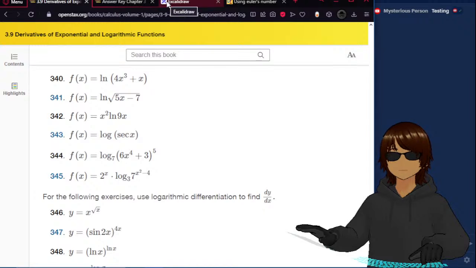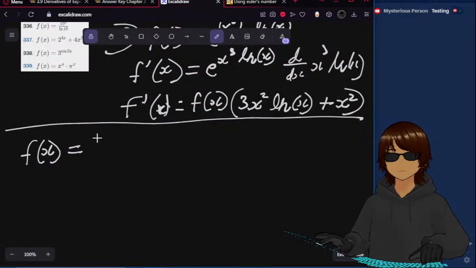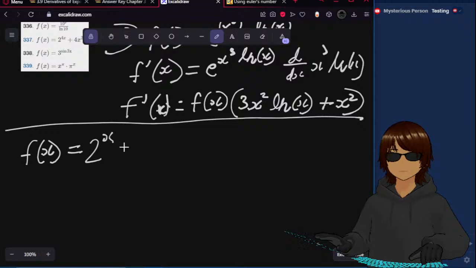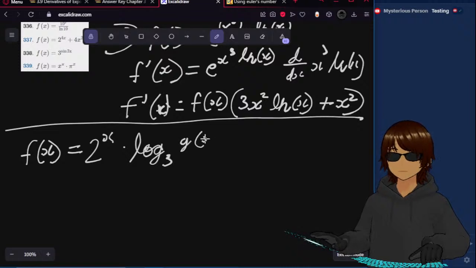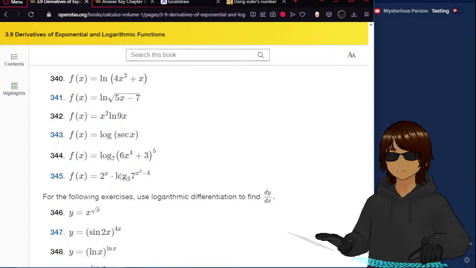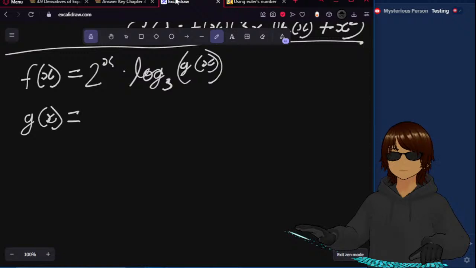F of x is 2 to the power of x times it with log, let's write g of x. Then g of x is 7 x squared minus 4.